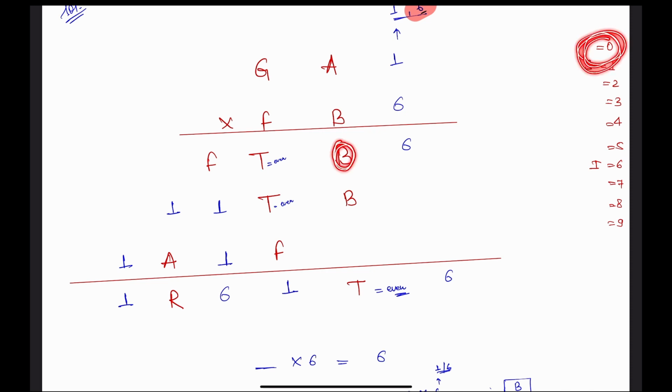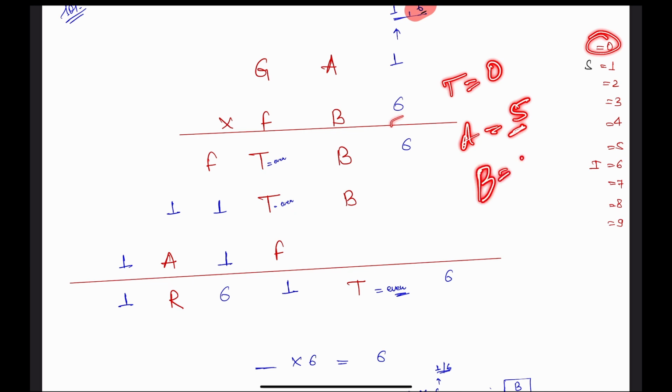Can it be 0? Let me think. If I is 6 over here, then for T to be 0, A needs to be 5. A needs to be 5, right? For T equal to 0, A needs to be 5. And B will be how much?